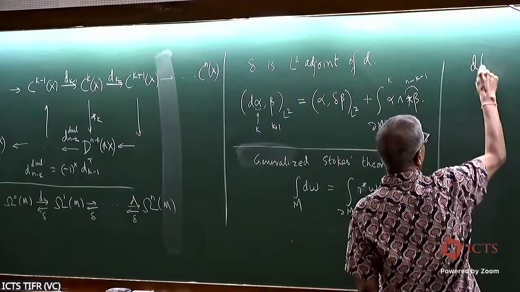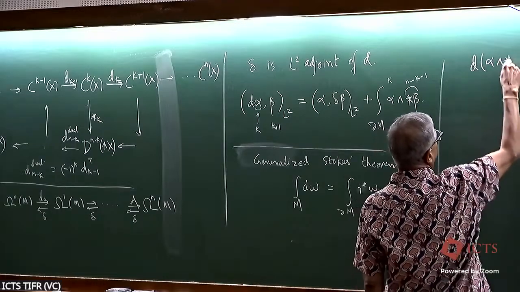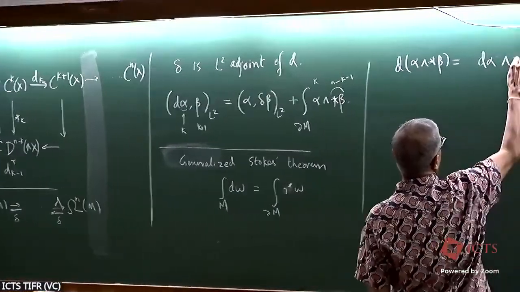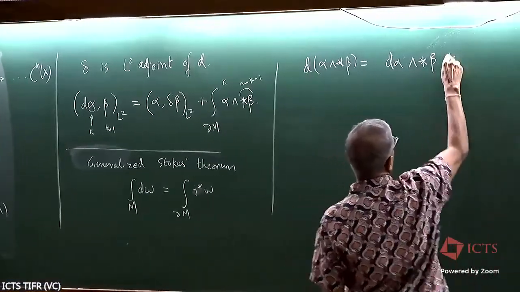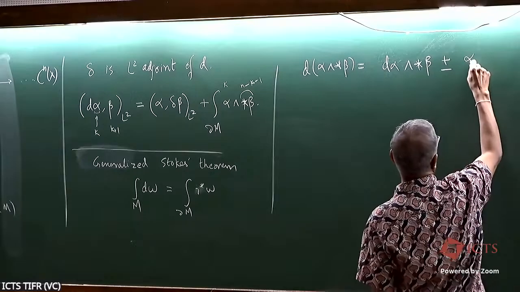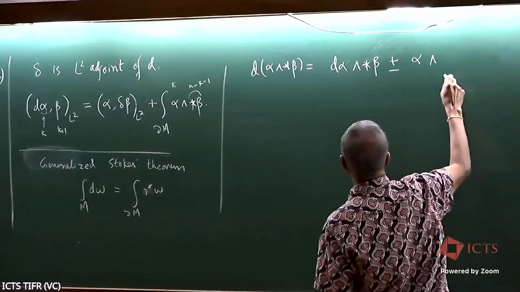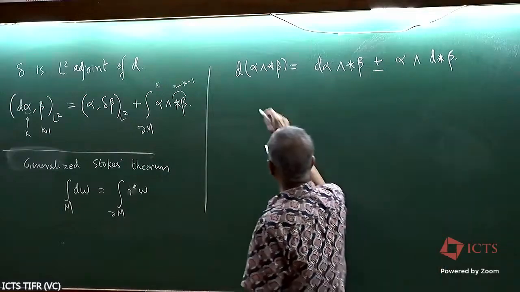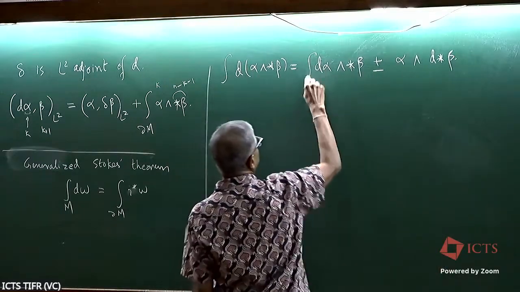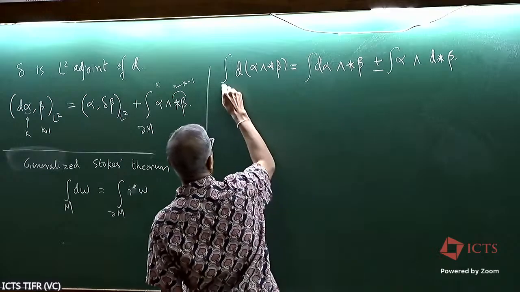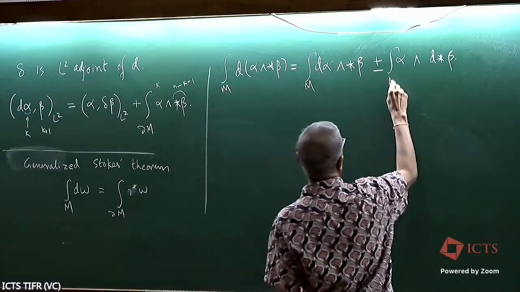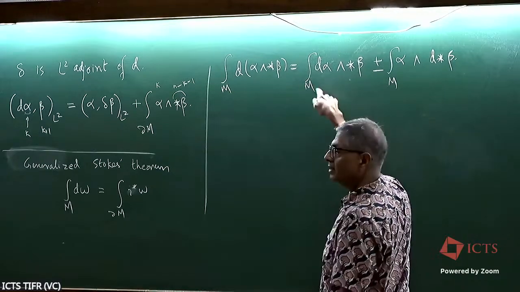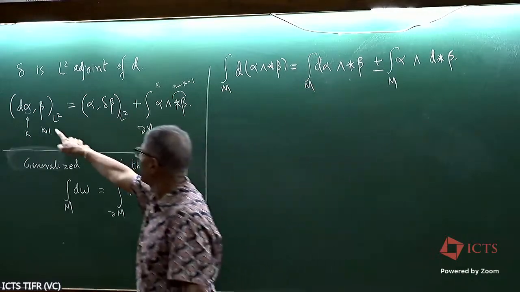So what you do is you take d of alpha wedge star beta. The product rule says this is d alpha wedge star beta plus minus, there's some sign, alpha wedge d star beta. Then we will be integrating everything on M. This integral is this guy.